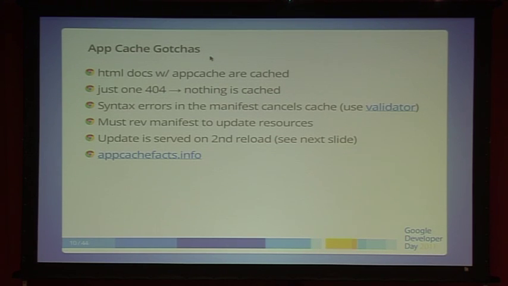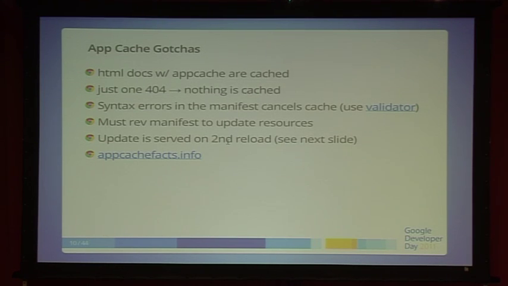And to update the files that you have, so if you have photo.png and you replace it with another photo.png, not changing the file name, if you want to reload it, you must update the cache manifest to force the reload. Since if it's a cached resource, it's just going to get it from the file cache all the time.